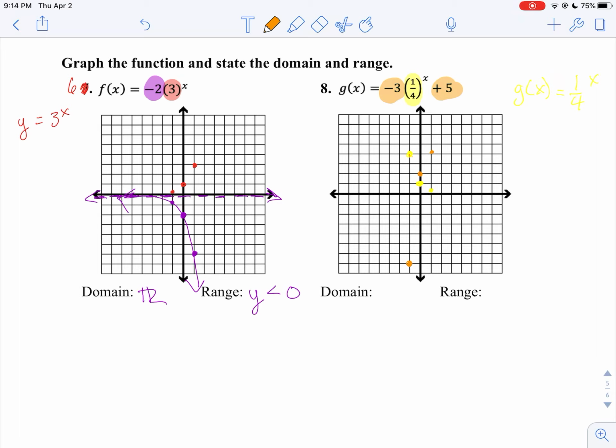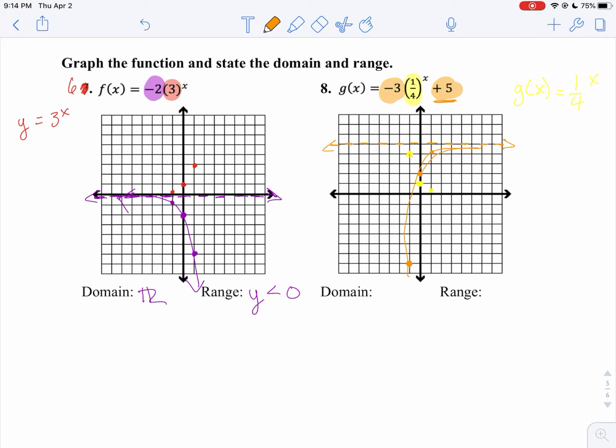And that asymptote that normally is on the x-axis is going to move up 5. So my asymptote is going to be right here, with equation y equals 5. Like this. And then my curve is going to look like this.